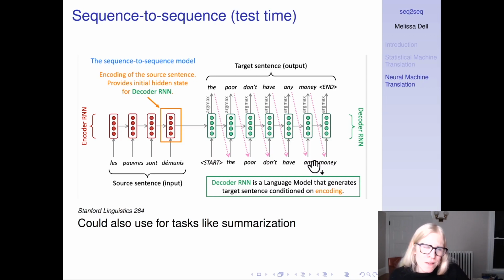All right, but we have an encoder RNN that is taking a variable length sequence as an input, and a decoder RNN that is outputting a variable length sequence as an output.